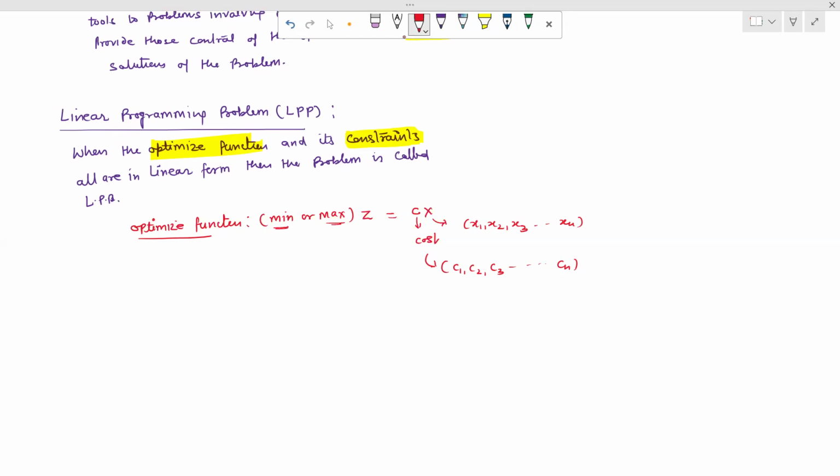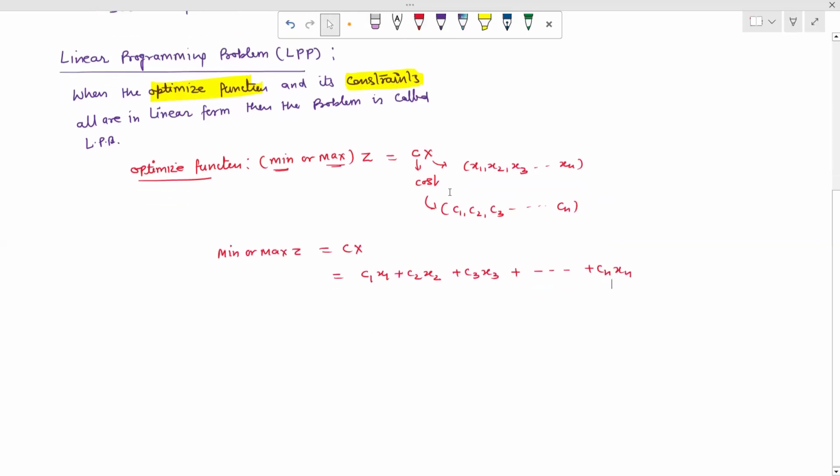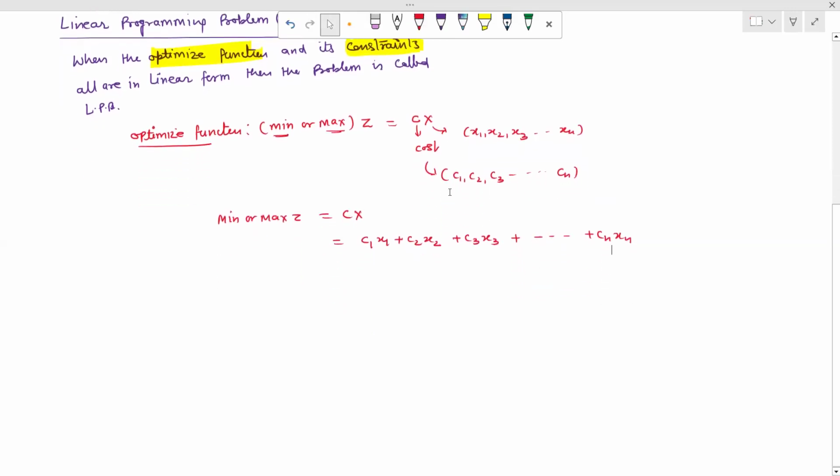Now, when we define the objective function, which may be minimum or maximum, we write minimum or maximum of Z is equal to Cx. This Cx can be written as C1x1 plus C2x2 plus C3x3 and so on, plus Cnxn. Here C1, C2, C3 represent the cost, which is always positive.